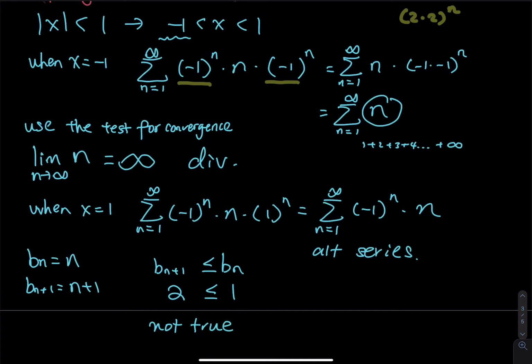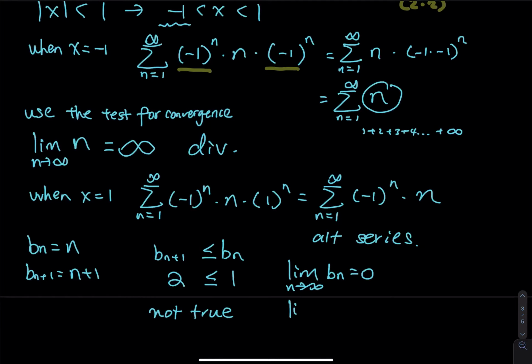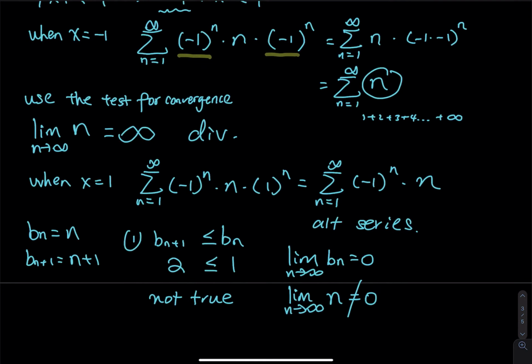What about number 2? The limit as n approaches infinity of b_n equals 0. So let's write another limit. That is the limit as n approaches infinity of n, is that equal to 0? The answer is no, right? So that means number 1 fails, number 2 fails. So overall, this is divergence using the alternating series test.